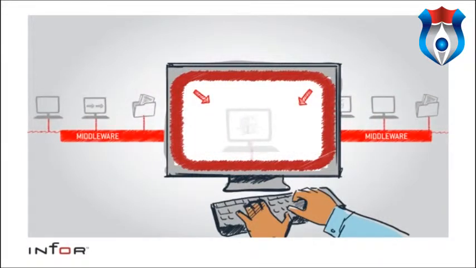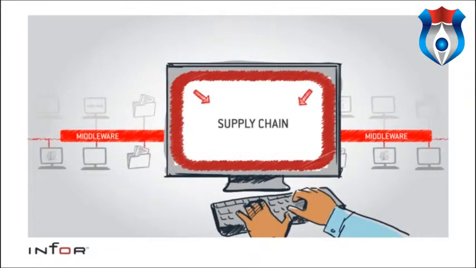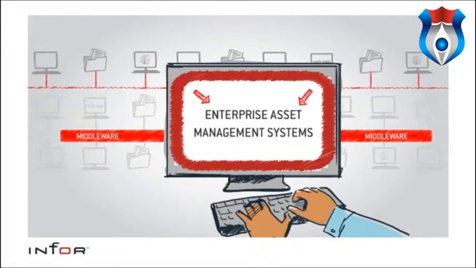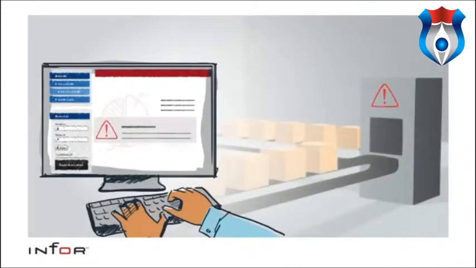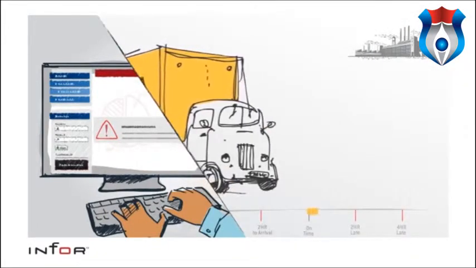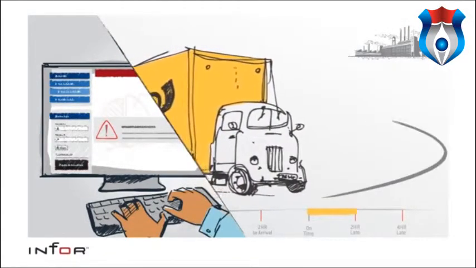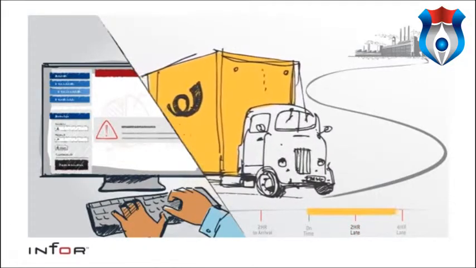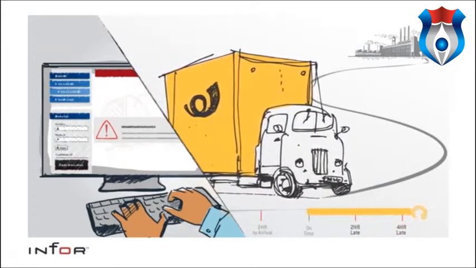An open and lightweight middleware allows Tom to easily access data from his ERP, supply chain, and enterprise asset management systems. As a manufacturer, this provides Tom with greater visibility so he is able to detect, act on, and manage business-critical events such as machine failures, missed deliveries from suppliers, and rush orders.